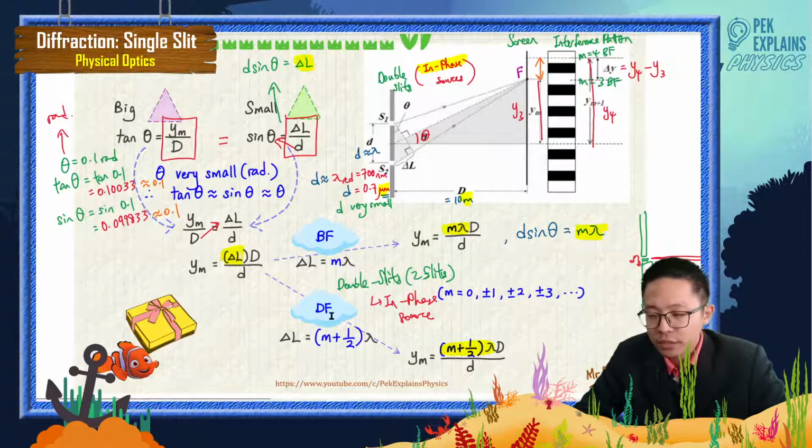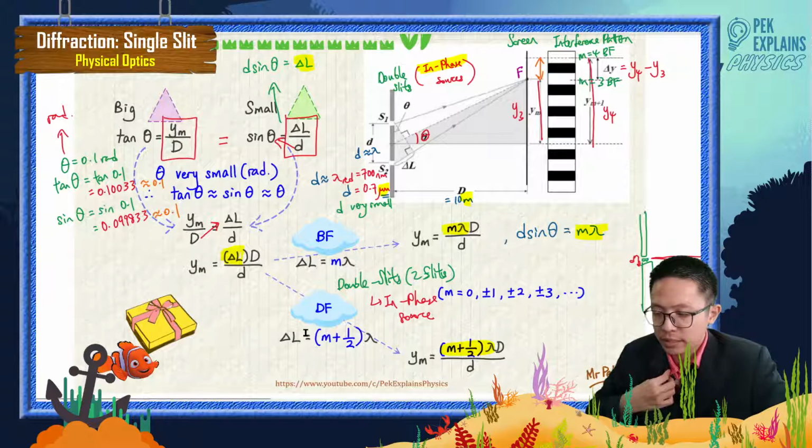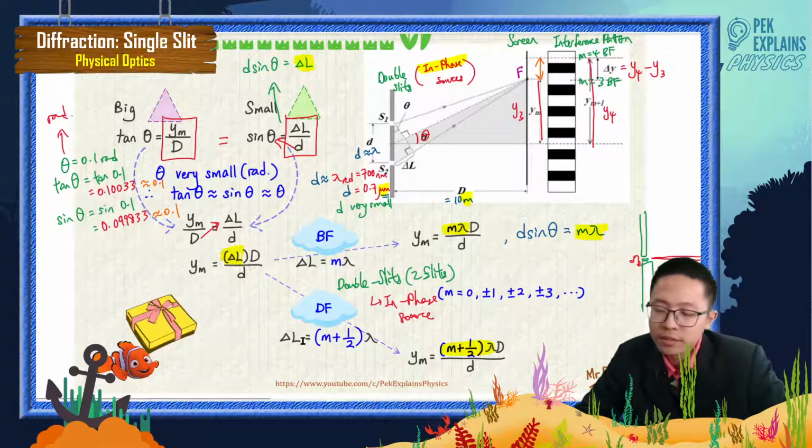If dark fringe, because the double slit has two in-phase sources, the path difference delta L is m plus half lambda for dark fringe. So d sine theta equal to delta L. This delta L we substitute with m plus half lambda. What do we get?